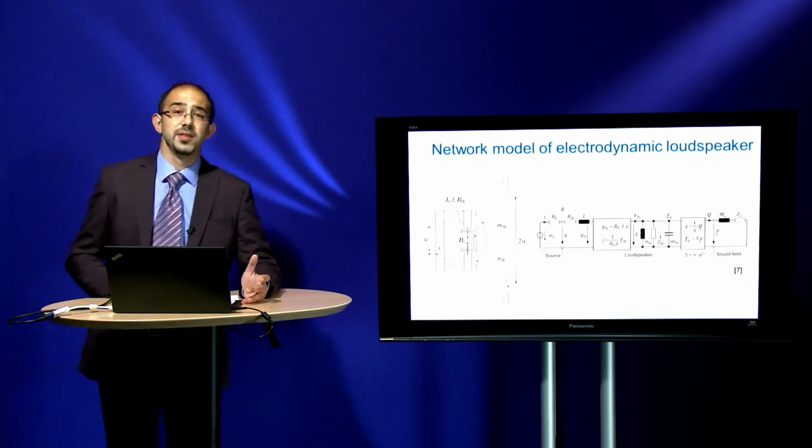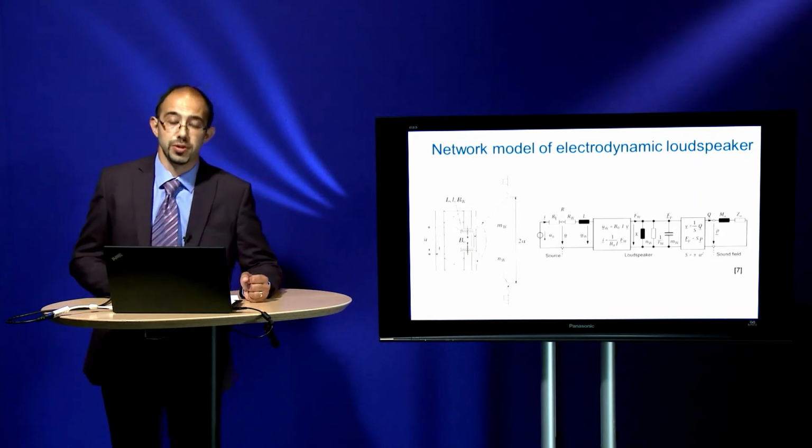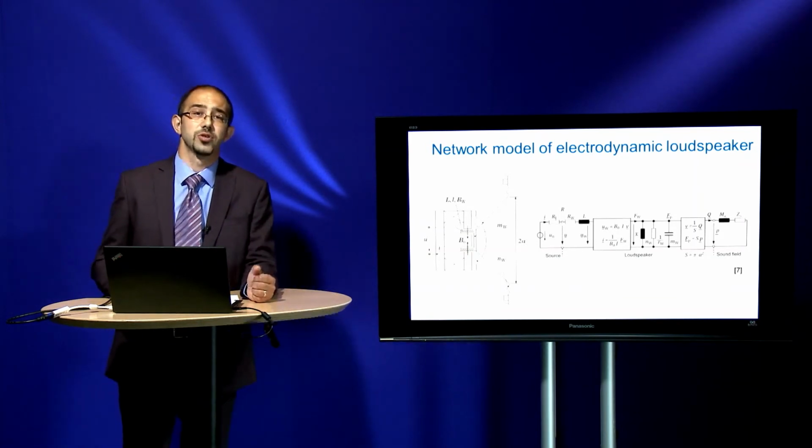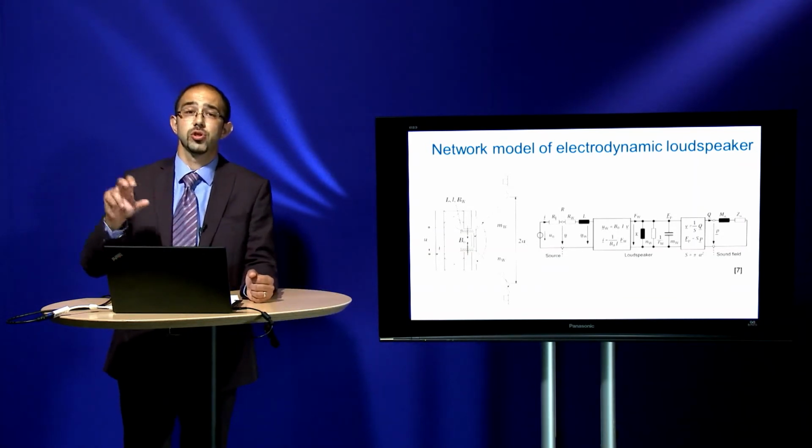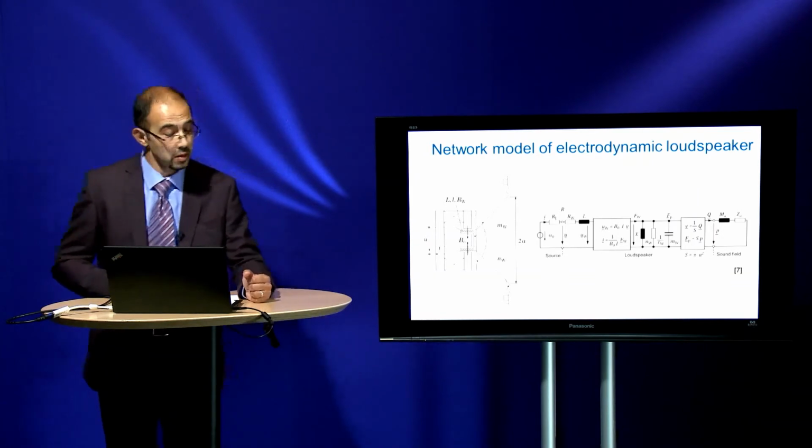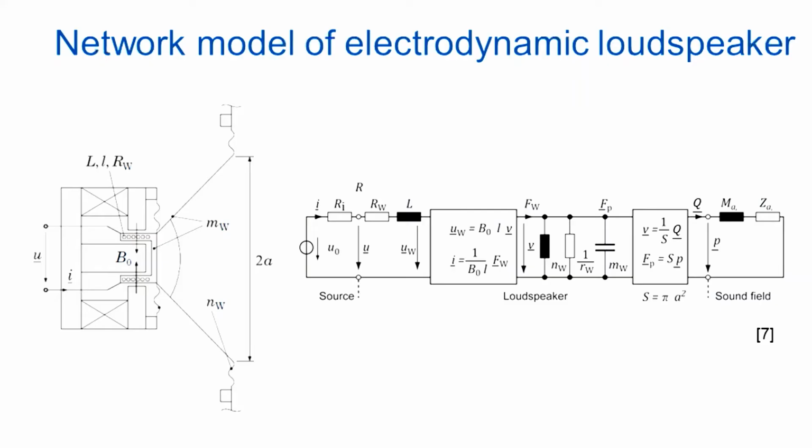At the end, if we develop a network model for this electrodynamic loudspeaker, we should take each of these steps into account. In the first step, regarding our amplifier, we should take into account a resistance. At the same time, our voice coil has a resistance and inductance.